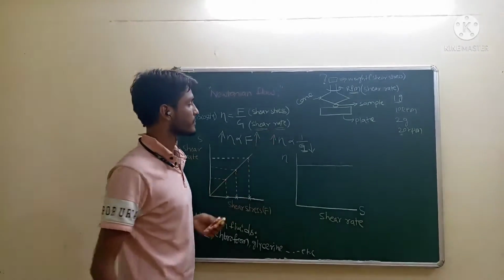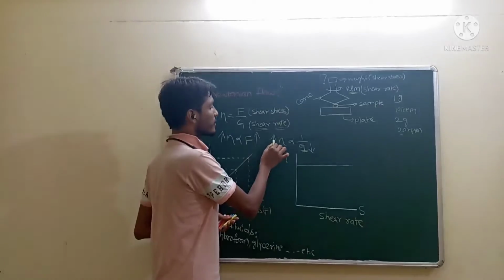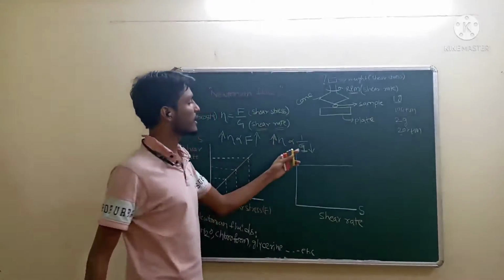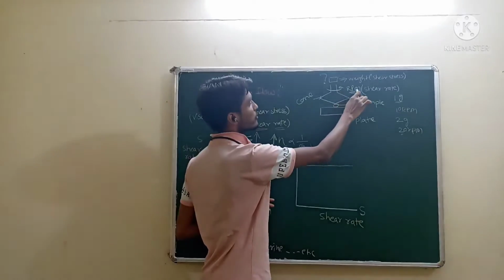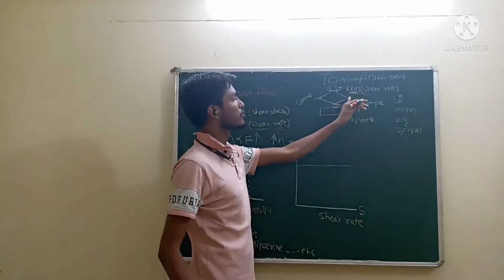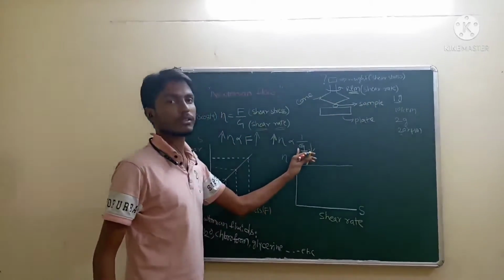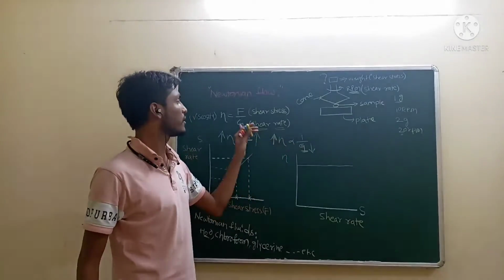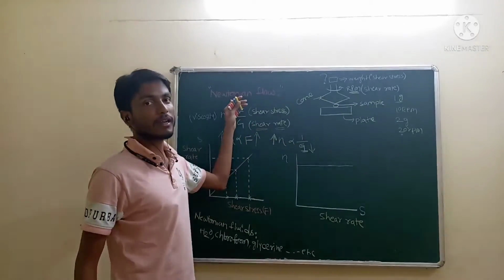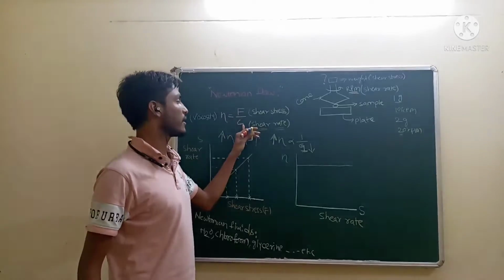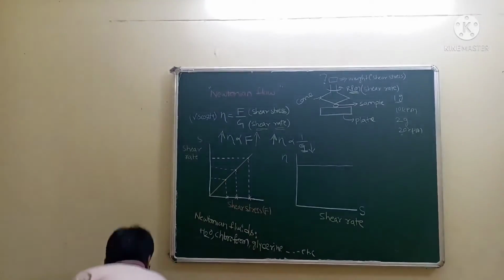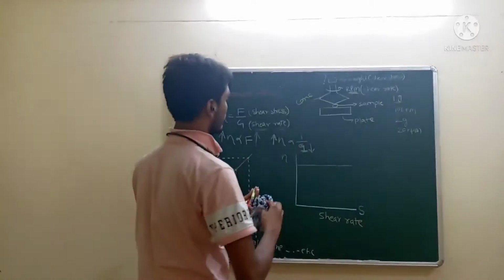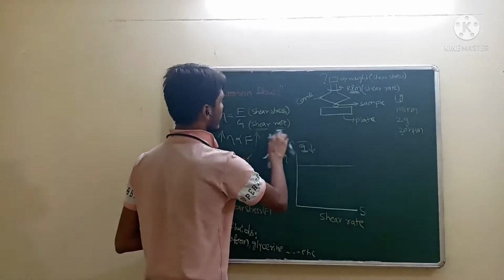Try to remember, when the viscosity of liquid is increased, then the revolutions per minute is reduced. This is the relationship Newton derived from this formula. This is the basic information we need to know in reality.